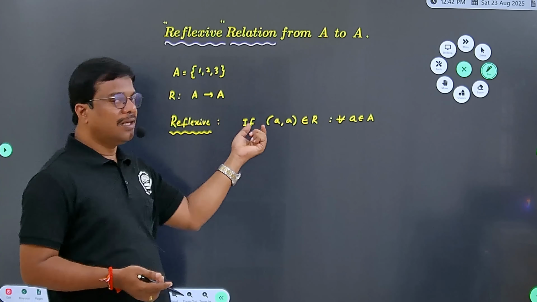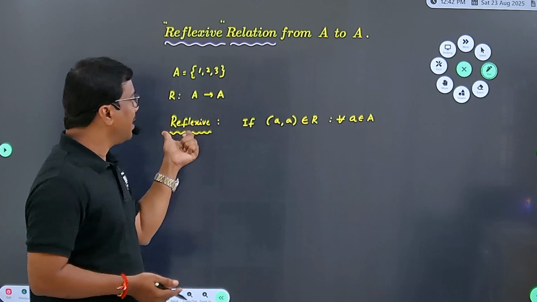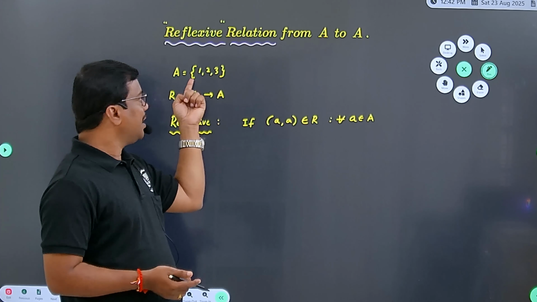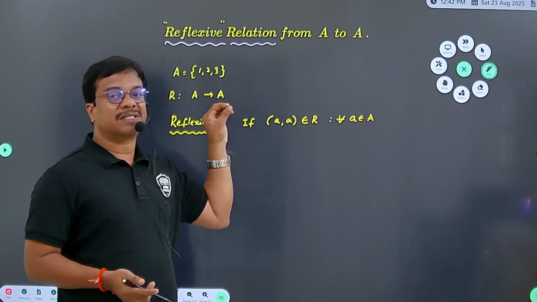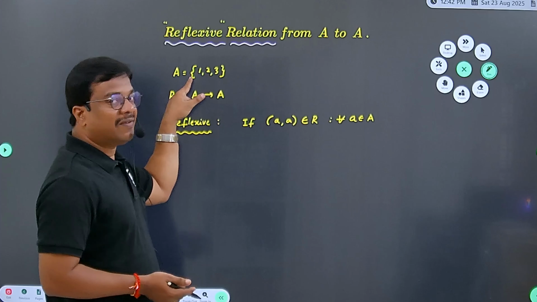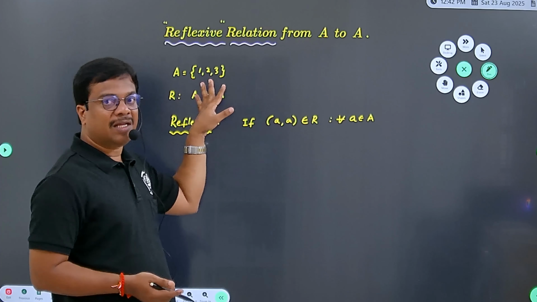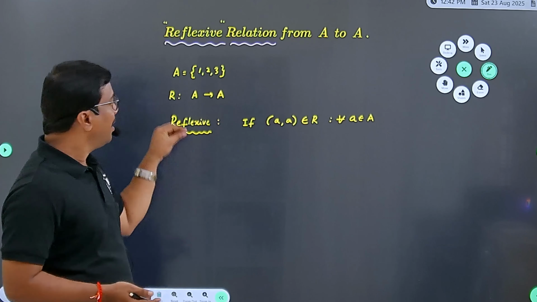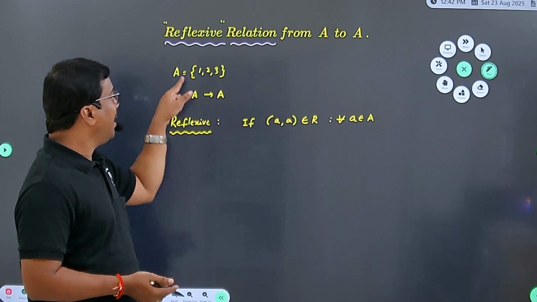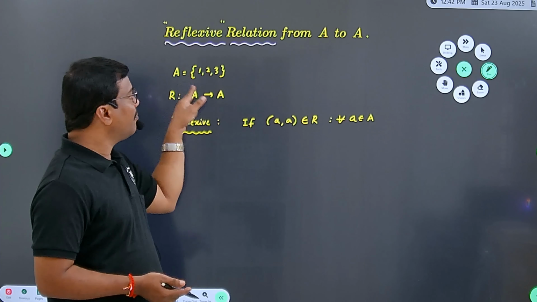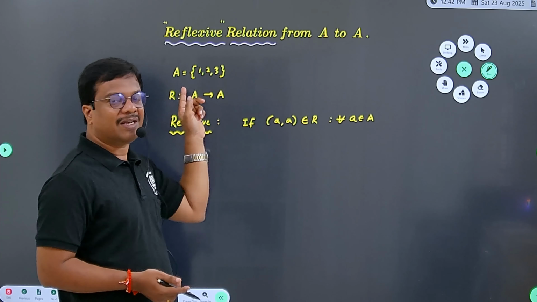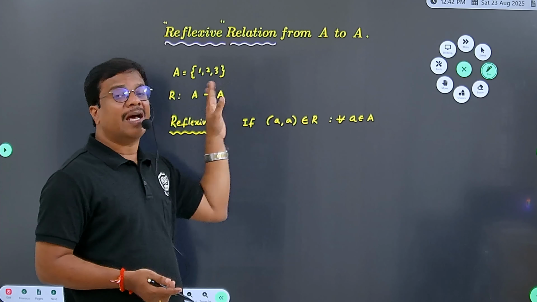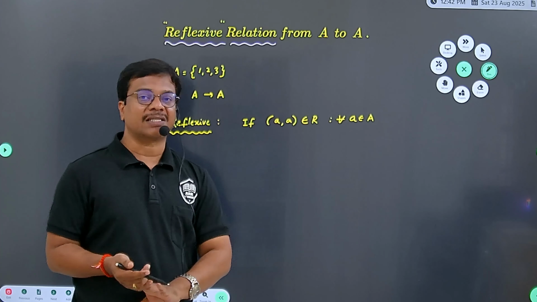And what about the other entries? Suppose here A has entries 1, 2, 3. It is a must that (1, 1), (2, 2), (3, 3) should be in the relation, and the remaining ones, (1, 2), (1, 3), (2, 3), (2, 1), (3, 2), (3, 1), may or may not be present in the relation.